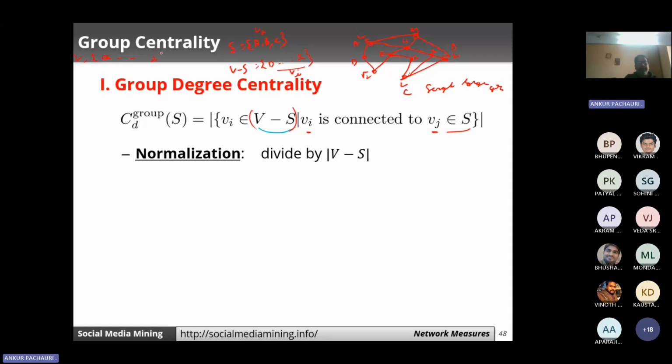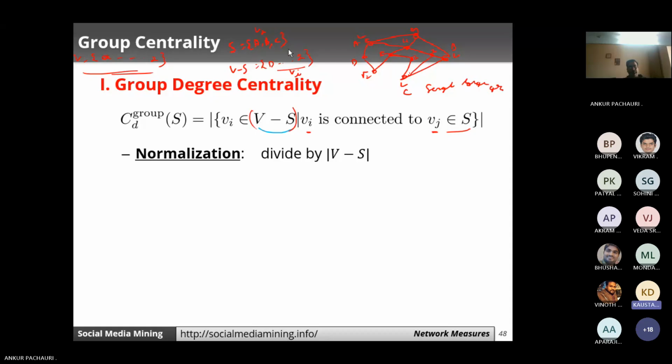V is the set of all vertices of a graph, A to J. From that, I picked three nodes which I call S. So V minus S means D to J will be in V minus S. This may be the correct way. I had used the wrong terminology or abbreviation, but this is the case. So Vi belongs to V minus S, and Vj belongs to S, so any node from S, either A or B or C. Is it good now?